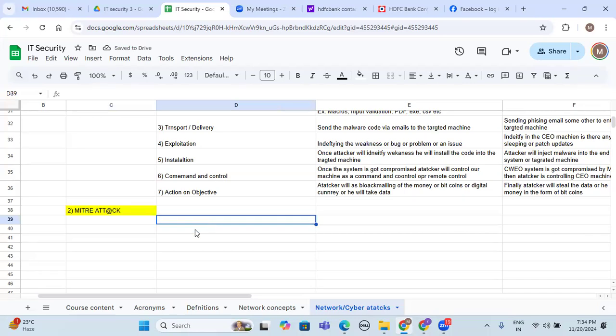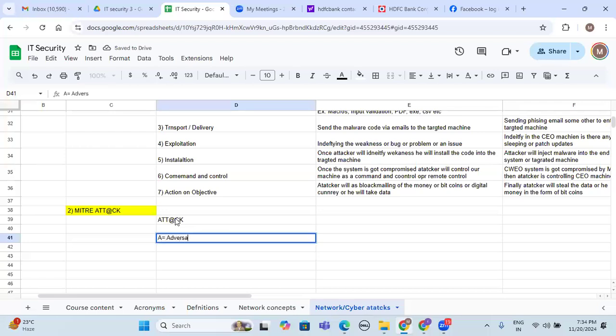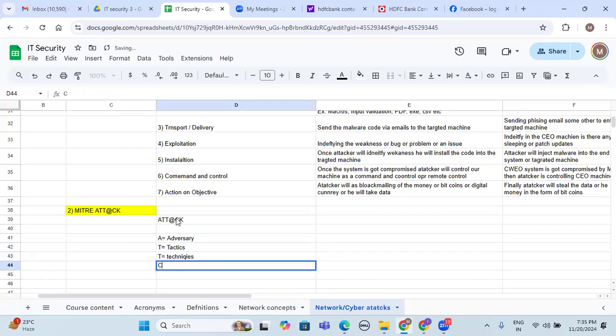First of all, before going into in-depth analysis, ATT&CK: A means adversary, T means tactics, another T means techniques, CK means knowledge base.